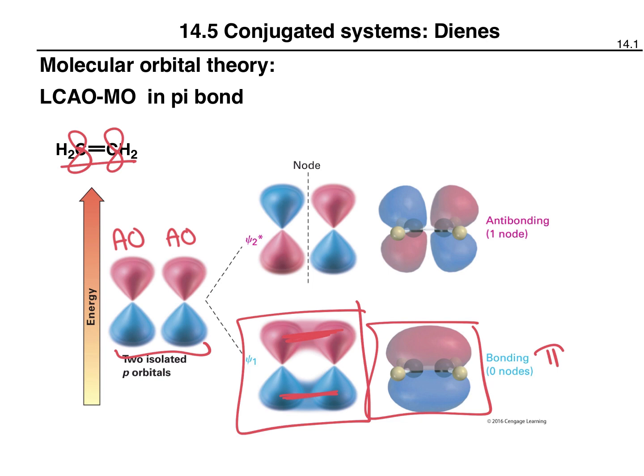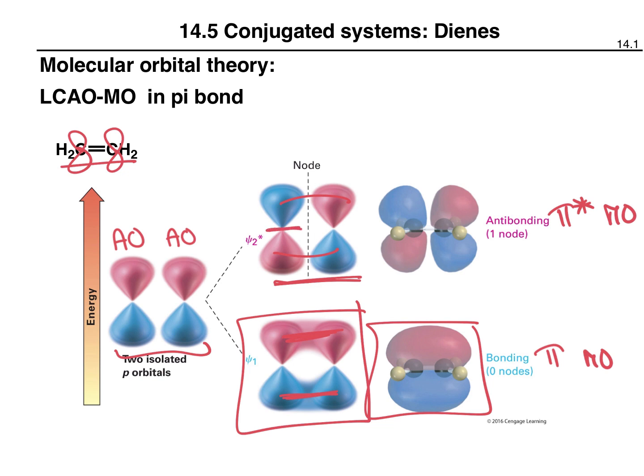This is a pi molecular orbital. If, on the other hand, the p orbitals are aligned out of phase, so that red is on blue and blue is on red, then this gives us an antibonding, so a pi star molecular orbital.